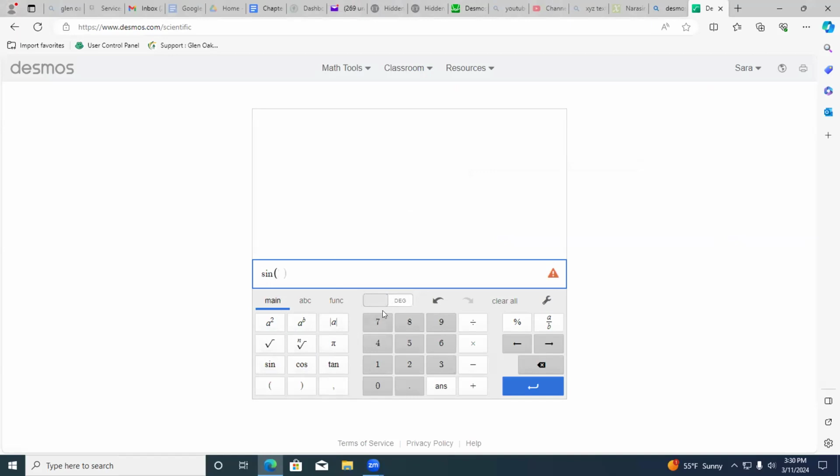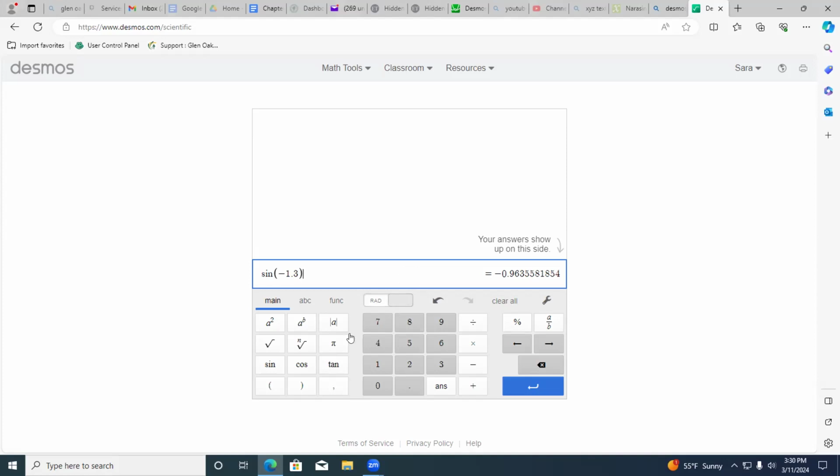So right now it's in degrees, but I want to put it in radians. So I'm going to put in negative 1.3. And the answer is negative 0.963, so negative 0.964 rounded to 3 decimals.